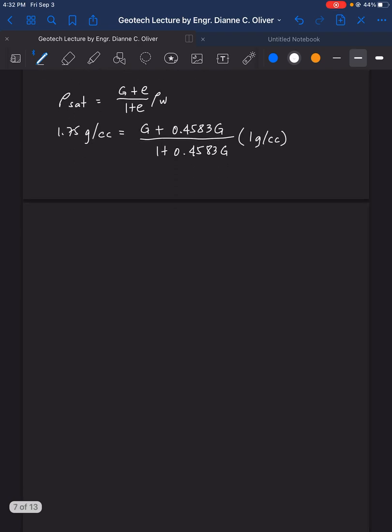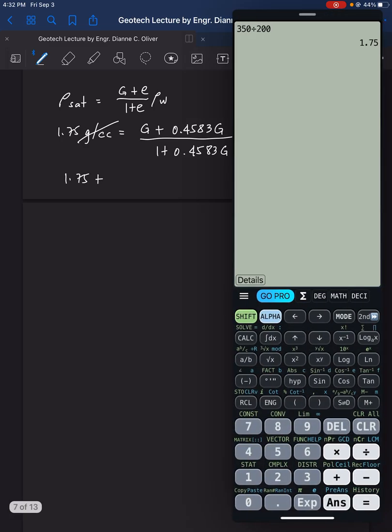So let's distribute. 1.75 divided by 1 is 1.75. So cancel this one out. 1.75 plus, so what is 1.75 times 0.4583?